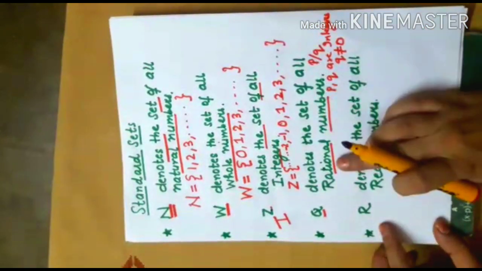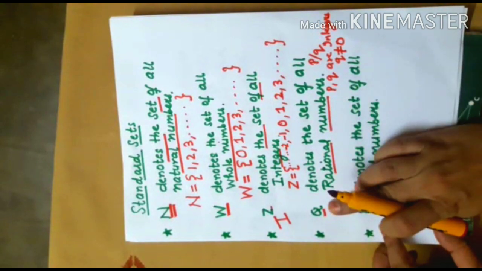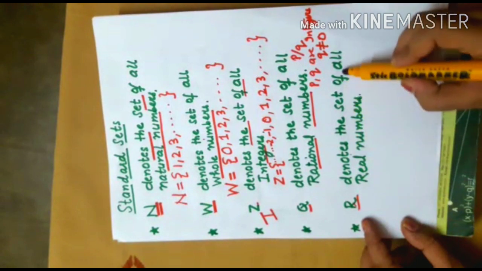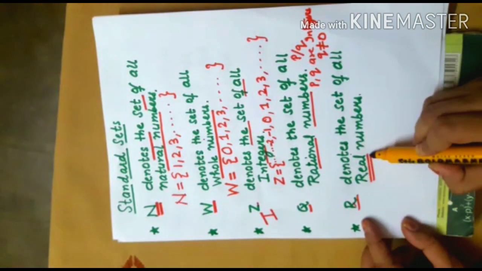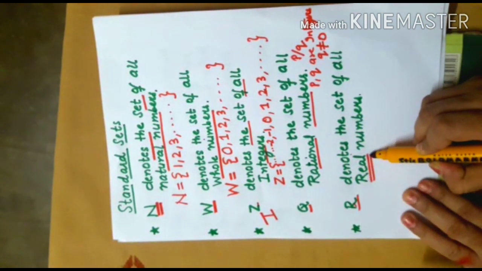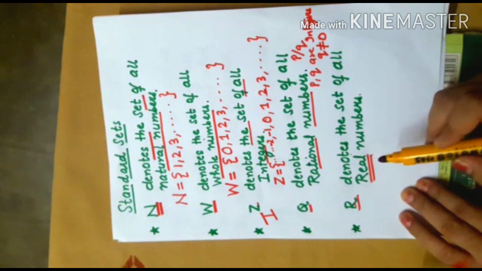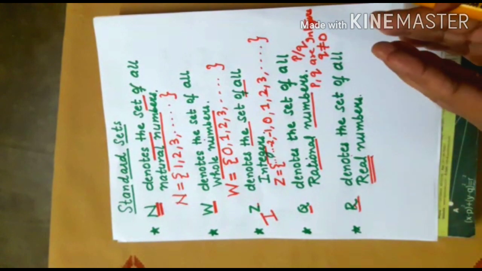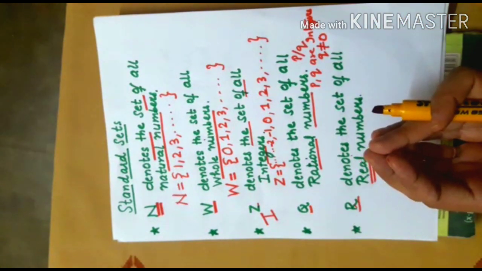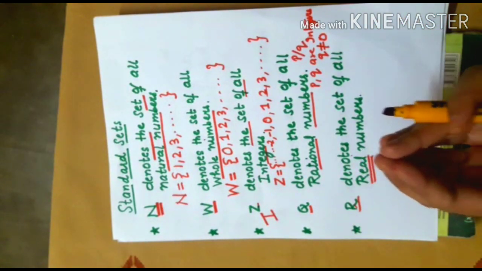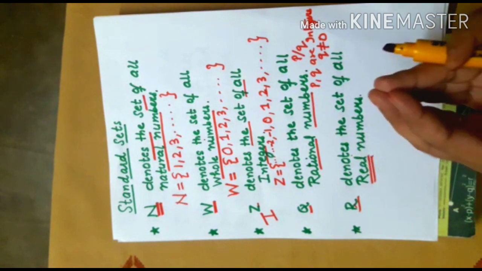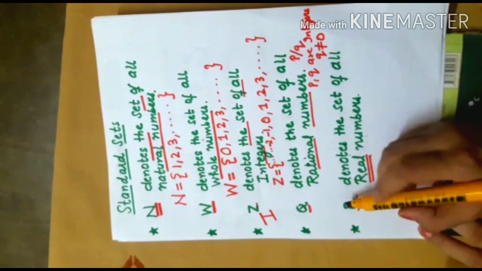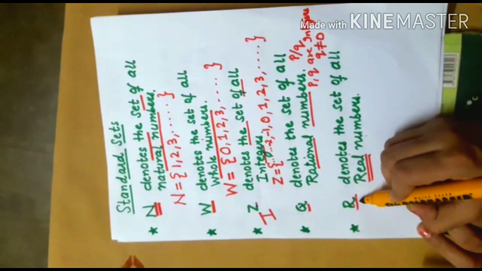So the set of all rational numbers is denoted by the symbol Q. R denotes the set of all real numbers. And you know that real numbers are all the rational numbers and all the irrational numbers put together. So the collection of all rationals and irrational numbers, that is the collection of all real numbers, is denoted by the symbol R.